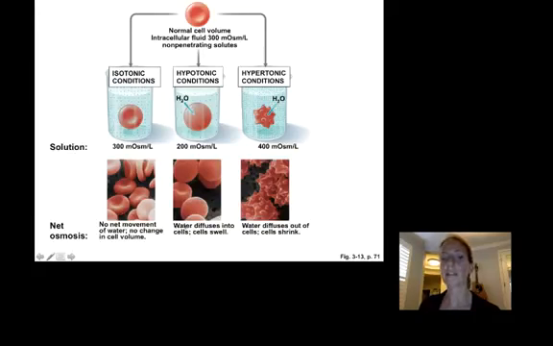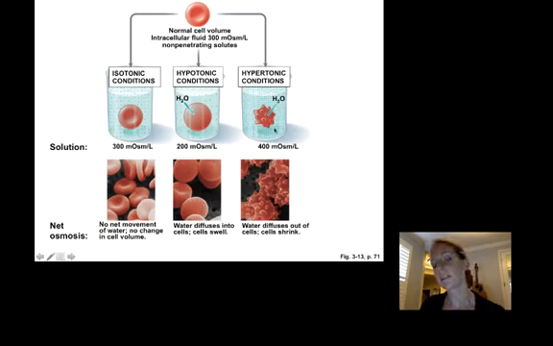For a red blood cell sitting in a hypotonic solution, or low osmolarity solution relative to the inside of the cell, then water will enter the cell and the cell will swell. Sometimes they swell so much that they burst.